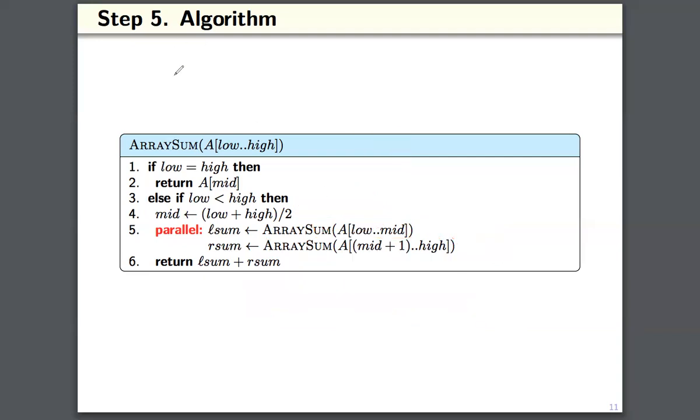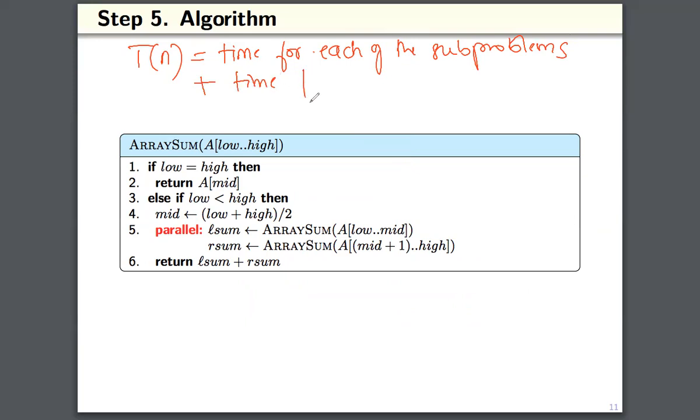So you can generalize this: T of n is equal to time for each of the subproblems plus time for dividing, that is step 1, plus time for combining.